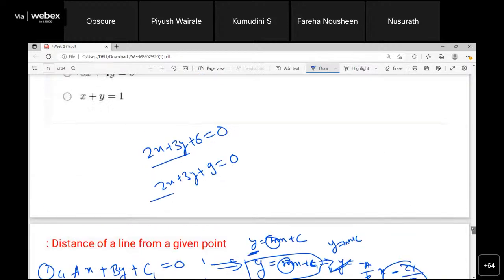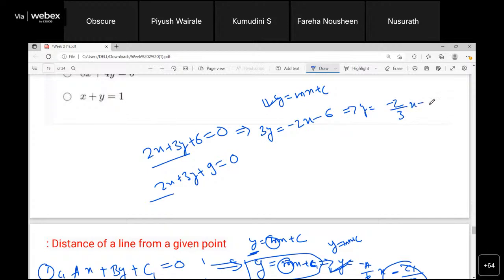But if you convert this equation into y equals mx plus c form, how do you convert that? Just bring it into this form. That is 3y equals minus 2x minus 6. It will be y equals minus 2 by 3 x minus 2, right? Now, if you're converting into this form, comparing with mx plus c, this is my m, right?